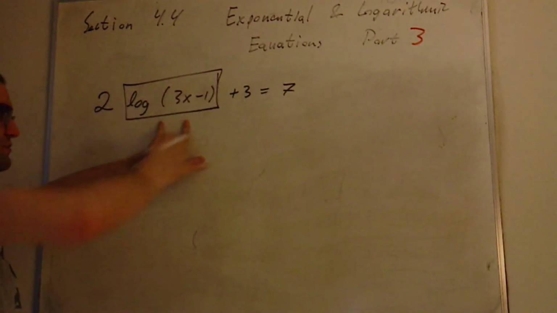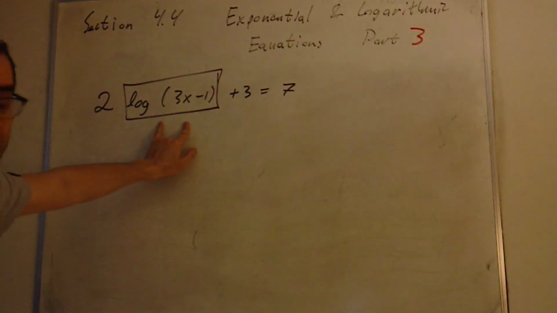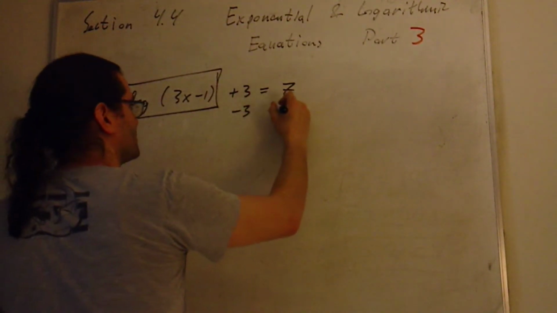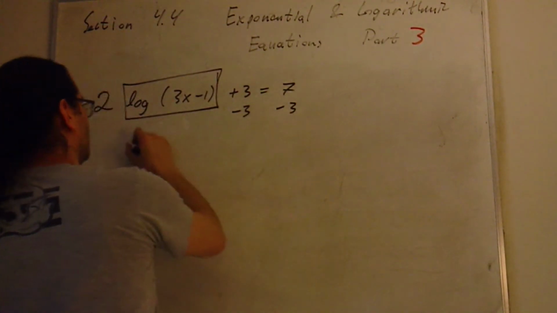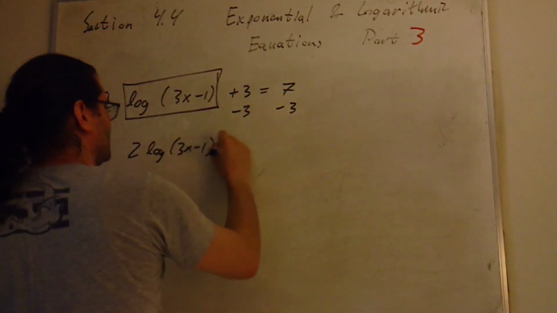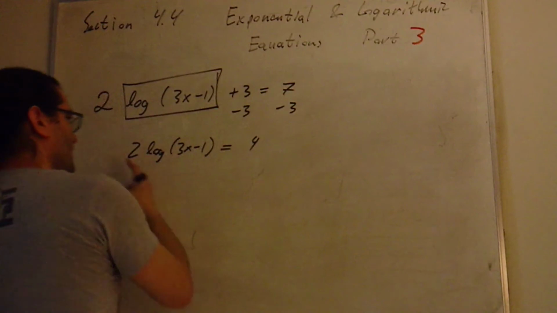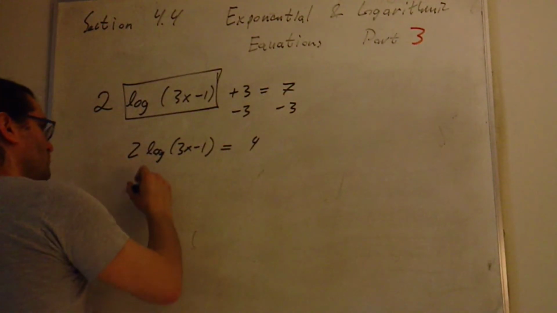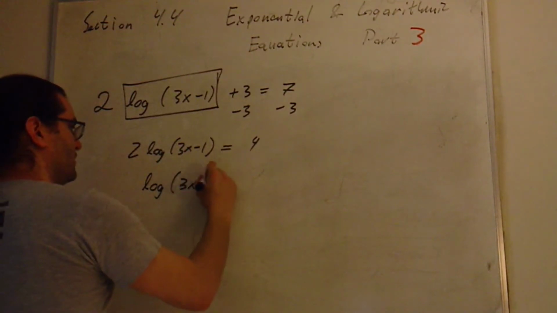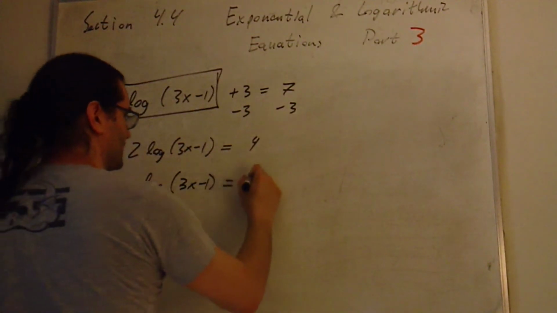Then we can do that trick to turn this into a linear equation. So I'm going to get rid of the 3 first. We'll subtract 3 from both sides. 2 log of 3x minus 1 equals 4. Now we'll get rid of the 2 by dividing both sides by 2. The log of 3x minus 1 equals 2.